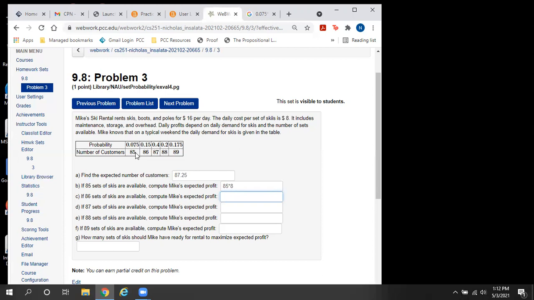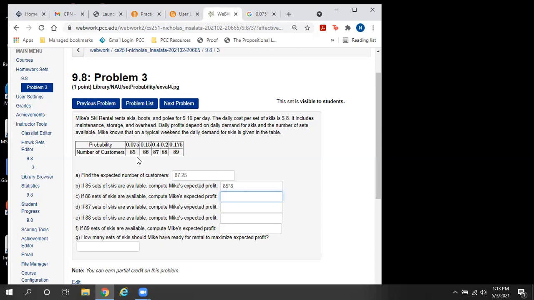What is the expected profit if 85 people come in? Okay, 85 times 8 minus 8, or 85 times 8.